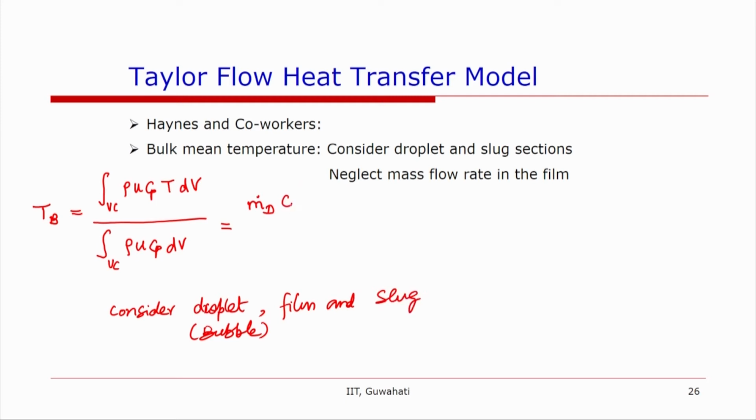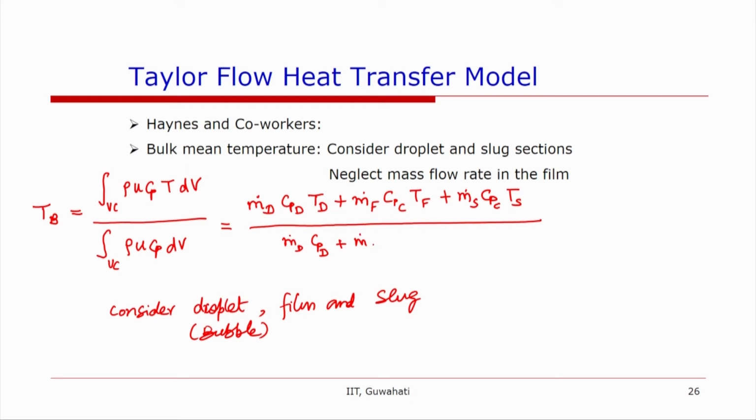M dot D Cpd and temperature of the dispersed phase, plus m dot film Cp of the continuous phase, because film is in the continuous phase only, and this is the temperature of the film, plus m dot slug Cp continuous phase temperature of the slug, divided by m dot D Cpd plus m dot F Cpc plus m dot S Cpc.